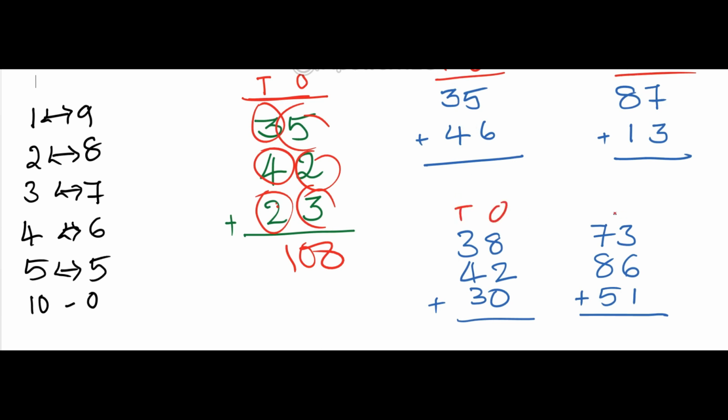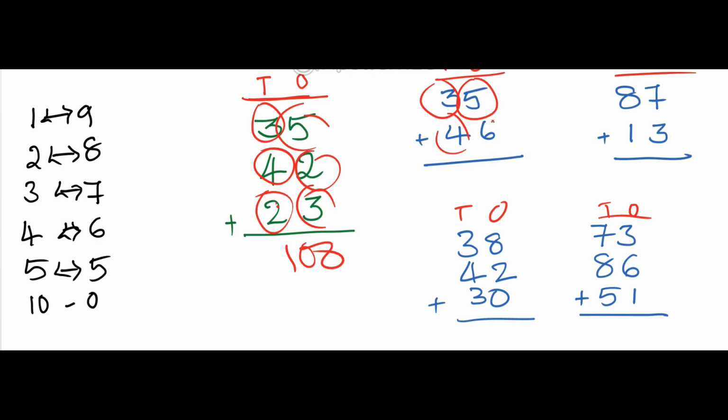Tens and ones, tens and ones. Okay. Now, see 40. One student asked me, how sir, this is 4 only, you are saying 40. I said, this is in the tens place. 10 into 4, 40. Okay, 40, 70, 70.